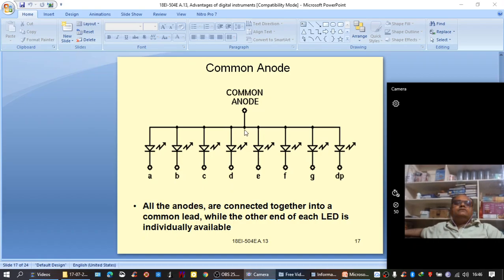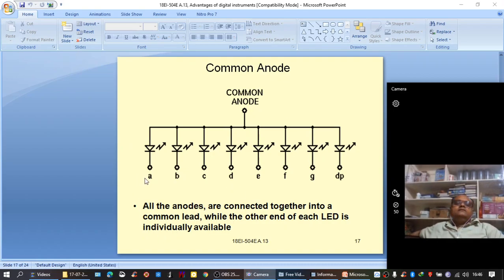So the anodes of all these diodes are connected together and given to a positive supply, and this arrangement is called a common anode arrangement because all the anodes are connected together and given to a positive supply.